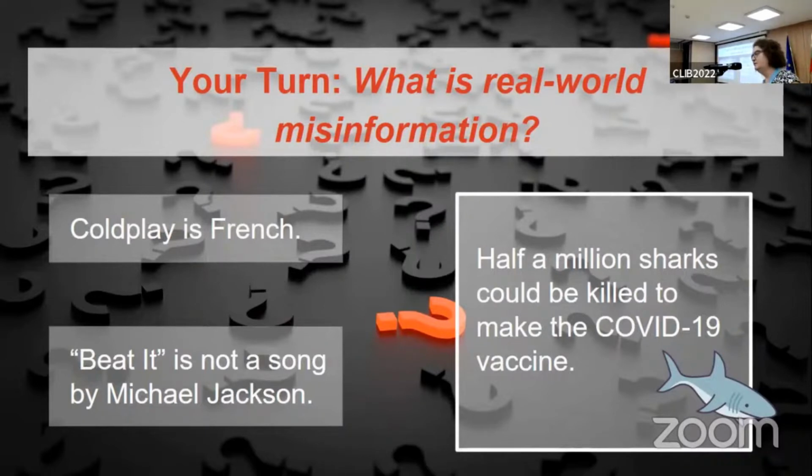If I had more time I would continue this discussion, but unfortunately I don't. The examples were claims like Coldplay is French, or Beat It is not a song by Michael Jackson. FEVER was constructed based on Wikipedia, if you're not familiar with that.